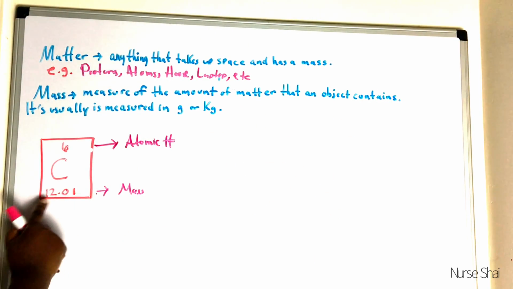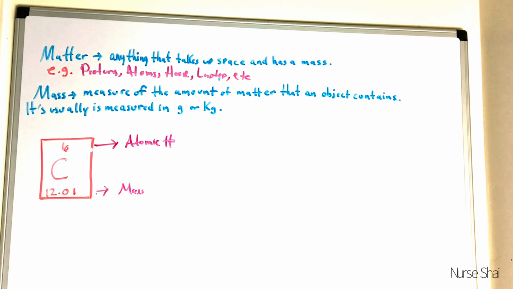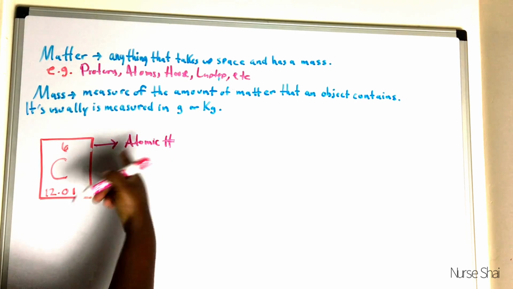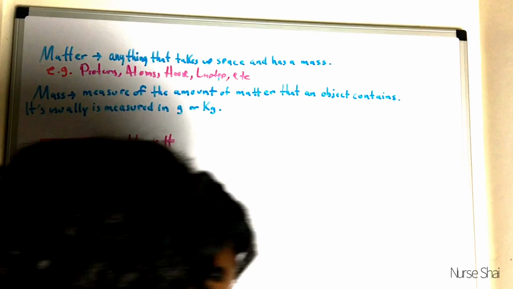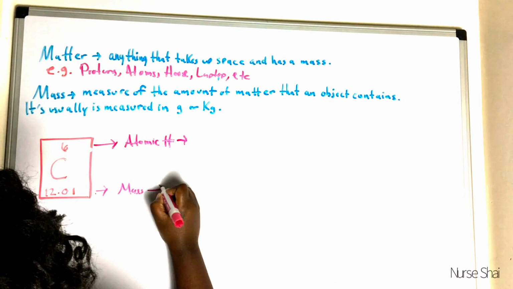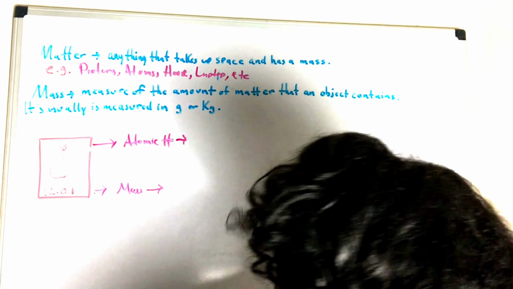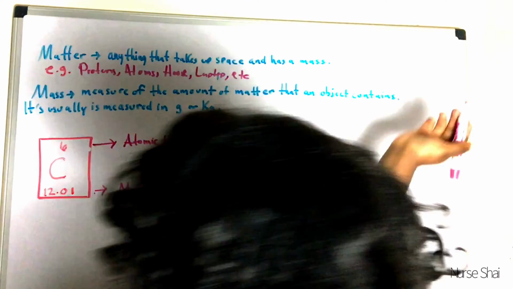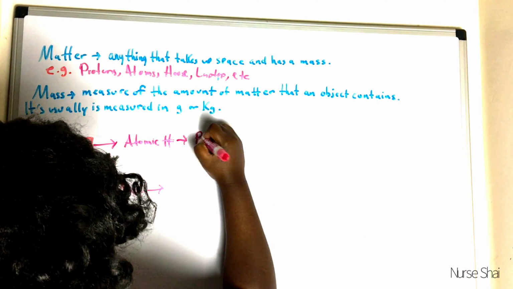So carbon has 12.01 something of mass. So what's in these different elements? Okay, so what's in the atomic number? It's just the protons.